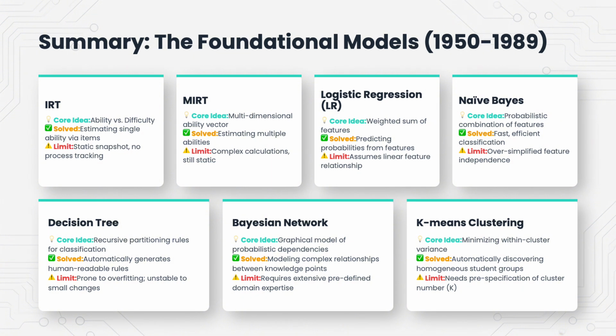And K-means showed us how to find hidden groups in data. All these models were groundbreaking for their time, but they share a common theme. They were designed for a world of limited data and computing power, and they mostly provided a static picture of a student's ability. They didn't truly trace knowledge over time. That's the challenge the next era would take on.